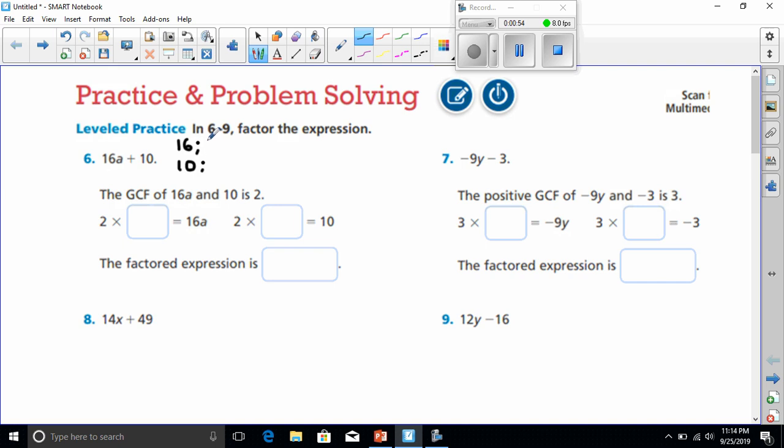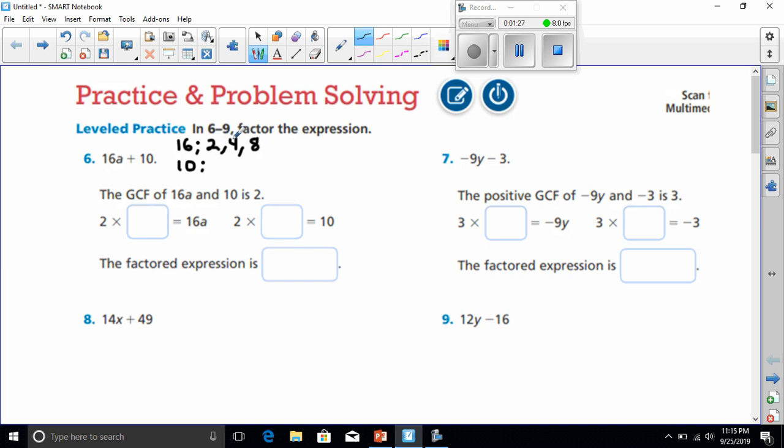And 16, I know that 2 goes into it, because 2 times 8 is 16. I know that 4 goes into it, because 4 times 4 is 16. 6 does not go into it, which leaves 8, because 8 times 2, we said. And there's really not another number that goes into 16, besides maybe 1 and 16.